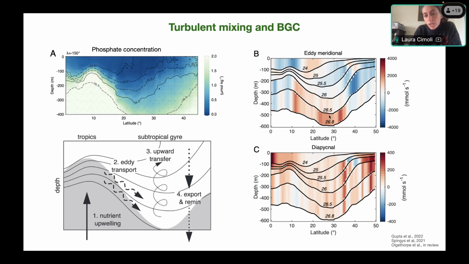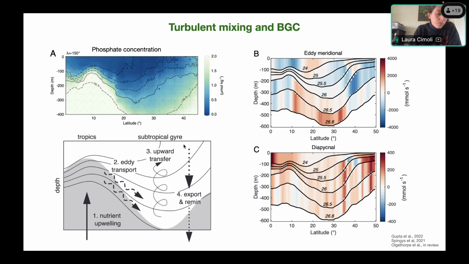The eddies transfer the nutrients along the flank of the gyre into the interior, and then thanks to diapycnal mixing these tracers make their way to the euphotic zone. Of course, without this isopycnal supply, there would after a while not be much of a gradient. So it's the combination of the two that keeps this nutrient transfer going to the euphotic zone.